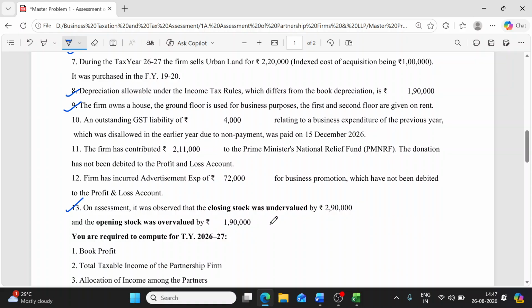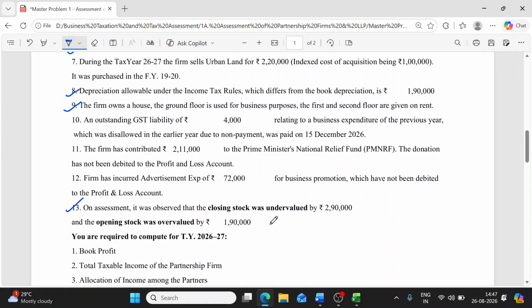Now you tell me how it will affect the net profit figure of the business. Definitely, because the closing stock figure affects the calculation of profit, it will reduce profit because of this undervaluation. Technically it will reduce the figure of profit, and intentionally it has been done here in the problem.